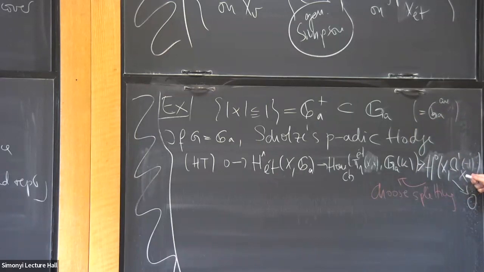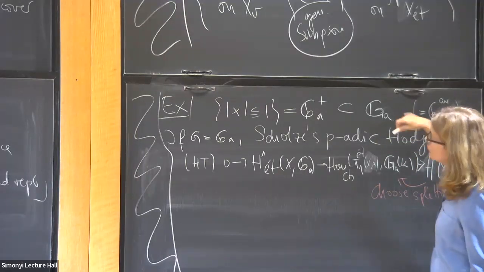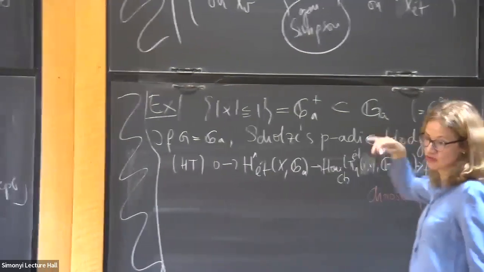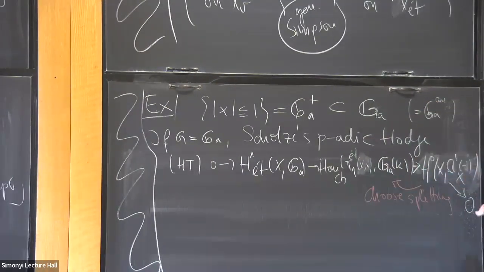Because if you do the adjoint bundle, the adjoint representation is trivial, so you are just left with the Lie algebra, so to speak, G_a.